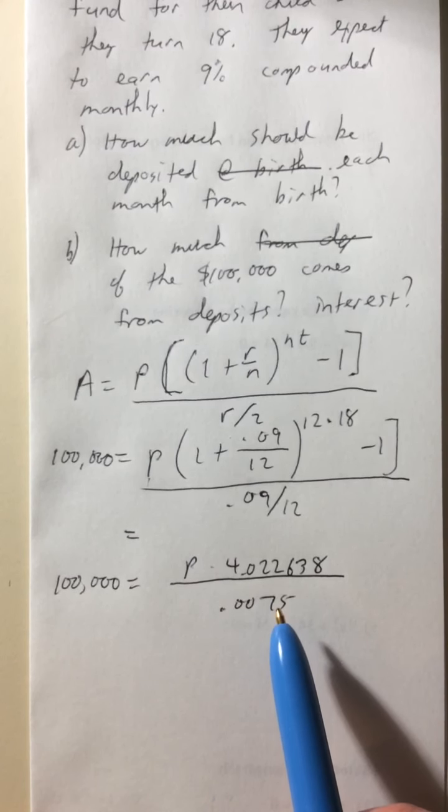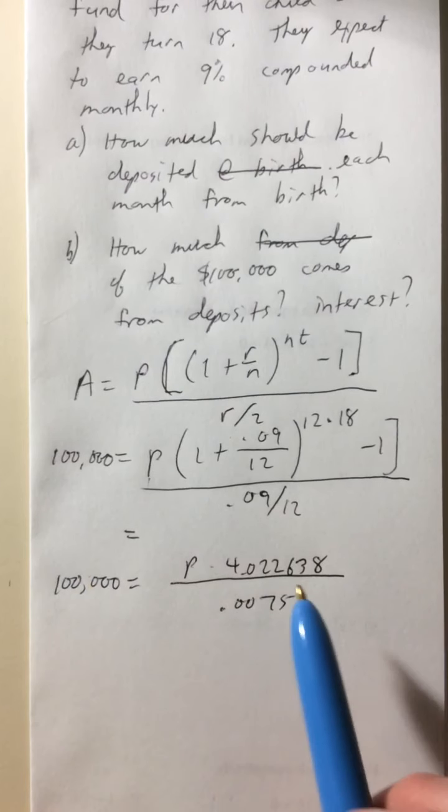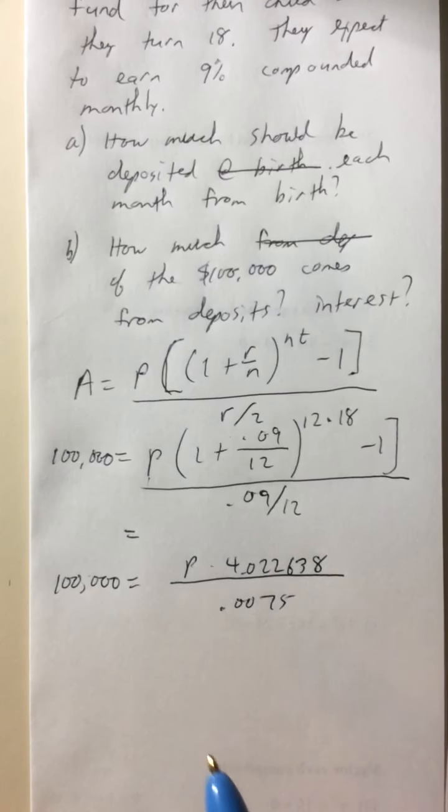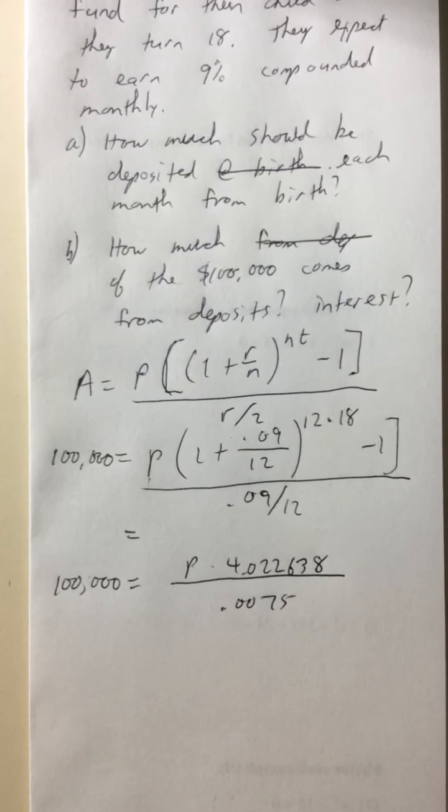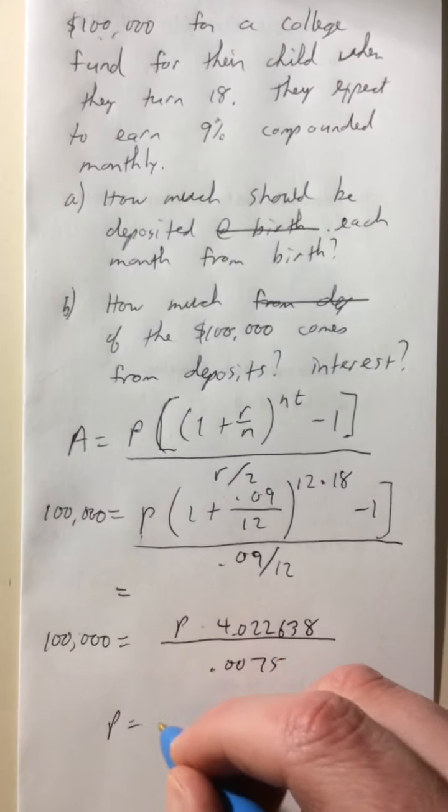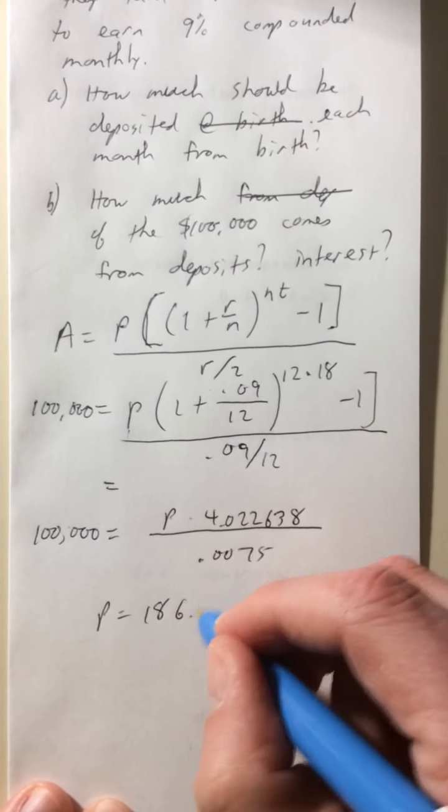So we're going to multiply by 0.0075, divide by 4.022 blah blah blah, and we have P. So 100,000 times 0.0075 divided by 4.022638 equals $186.44. So P equals $186.44.